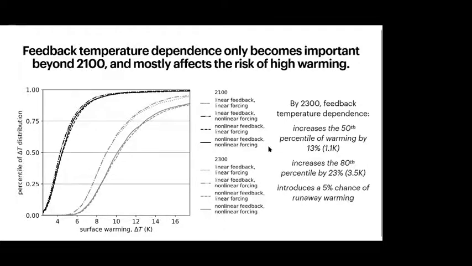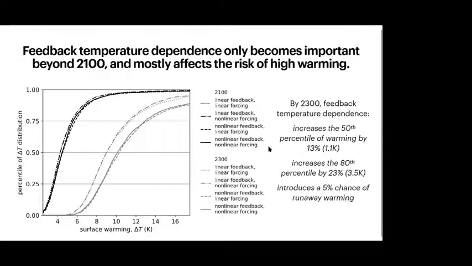So in essence, we're trying to sample the uncertainty on all of the different aspects of the energy balance system in these models. And we're running these models under a high emission scenario. So it's SSP 8.5, with a scenario that plateaus at around 8 times CO2 by the year 2250.